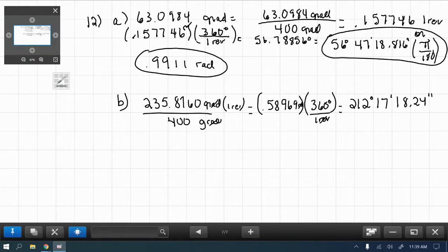Okay. And then to convert that to radians, it's pi over 180.